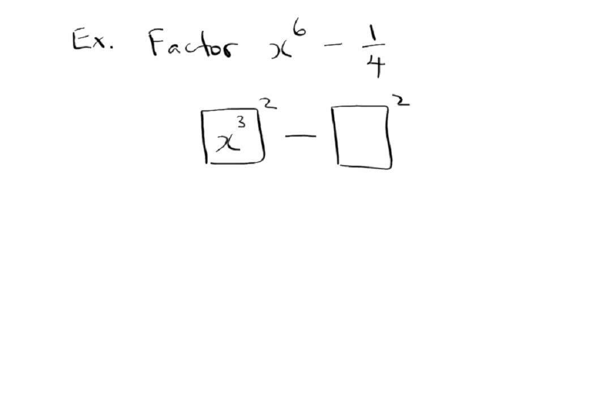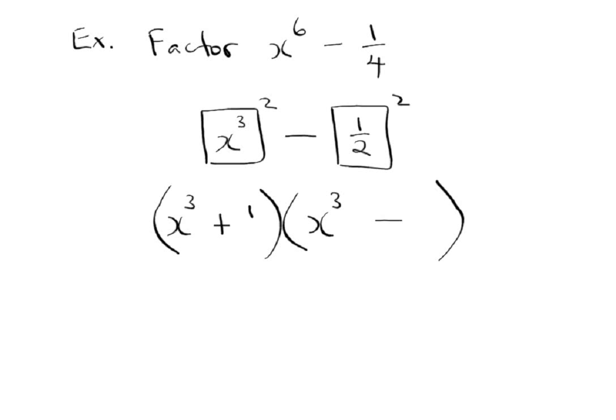And here I have a fraction, but that's no problem. All I have to do is remember that it is 1/2 times 1/2 that gives us 1/4. Well, now that I've recognized what is being squared, I'm ready to put it into the factored form. x cubed times x cubed, and 1/2 times 1/2.